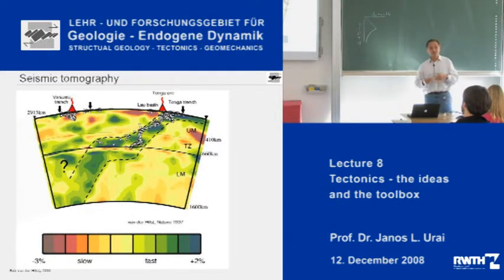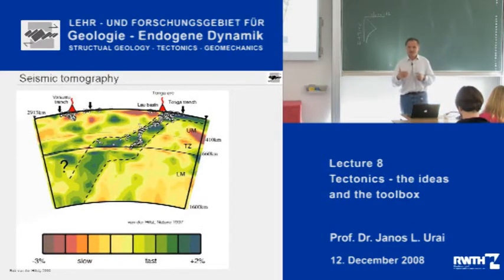And we know from calculations and also from laboratory experiments that a warm mantle has a little bit lower seismic velocity, and the cold mantle has a little bit higher seismic velocity. So what this picture shows you here, based on seismic tomography, is the temperatures in the mantle. This is cold, and these places are warm.